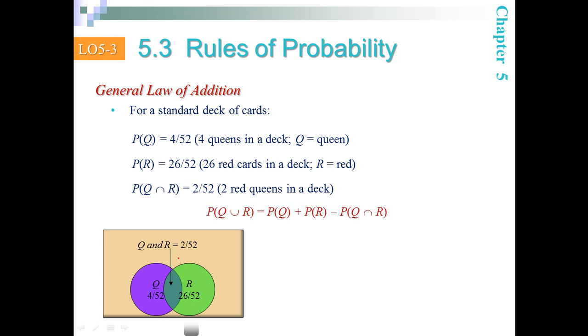And so then finally we can find the probability of a queen or a red card, and that's just going to be the probability of the queen plus the probability of a red minus the probability of a queen and red, the probability of a red queen. So we plug those numbers in, and we see that the probability is 28 out of 52, or a little bit over 53%, or almost 54%.